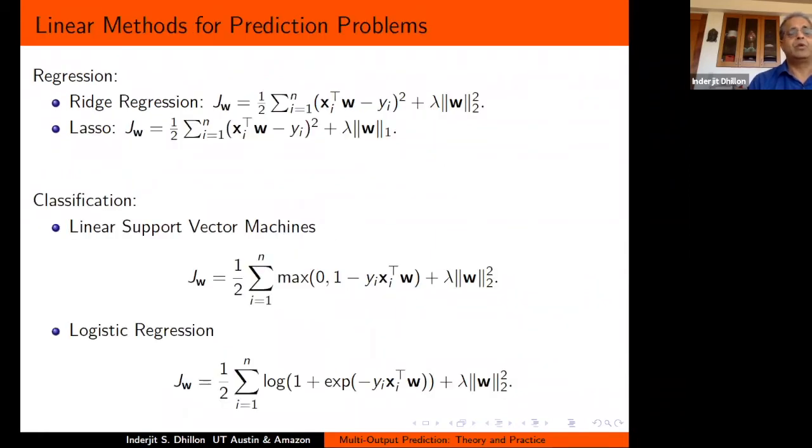And so you can think of it as empirical risk minimization, where you have a loss function. The loss function can be least squares in case of regression, or in case of classification, it can be either logistic loss or hinge loss. And then of course we have a regularization term.